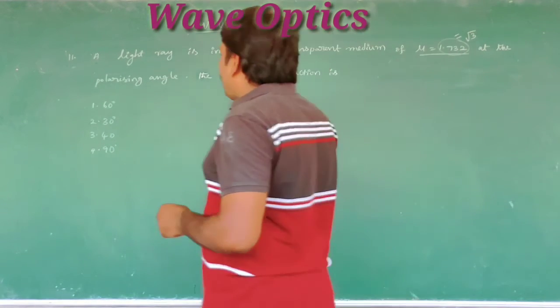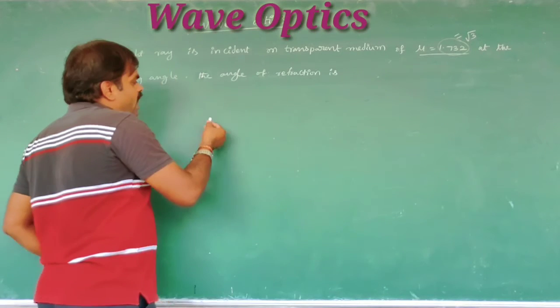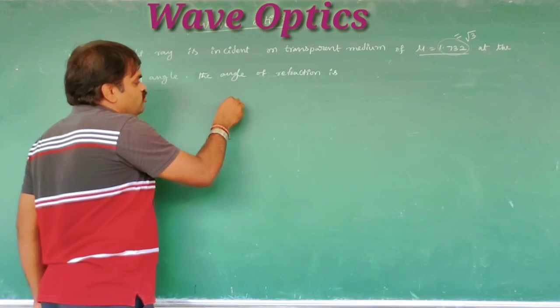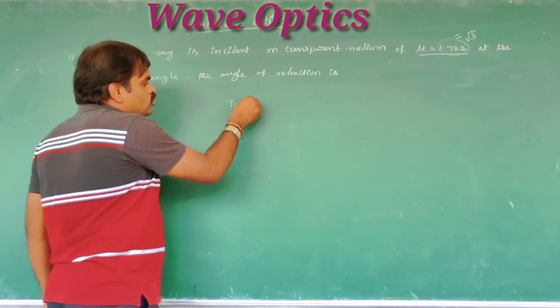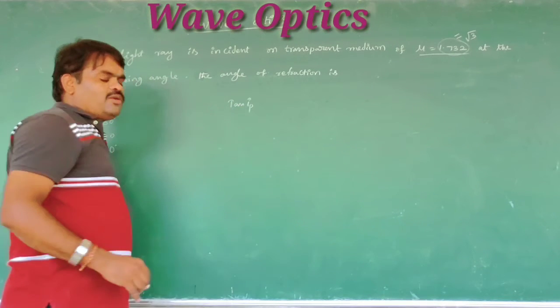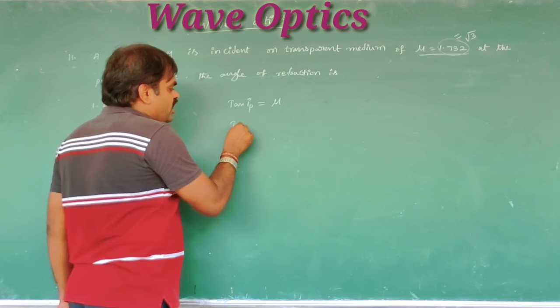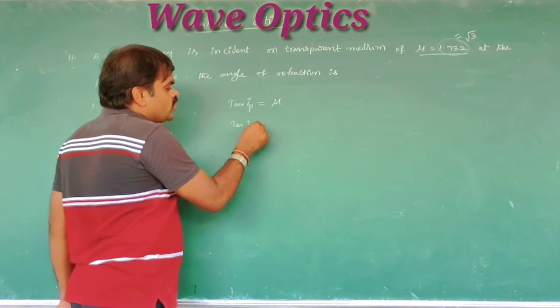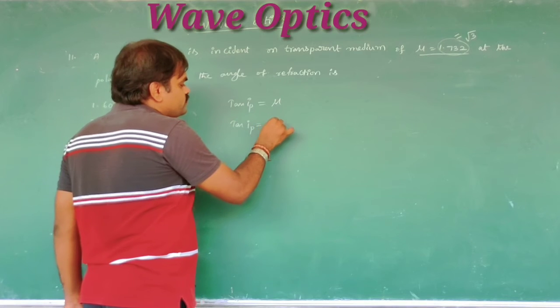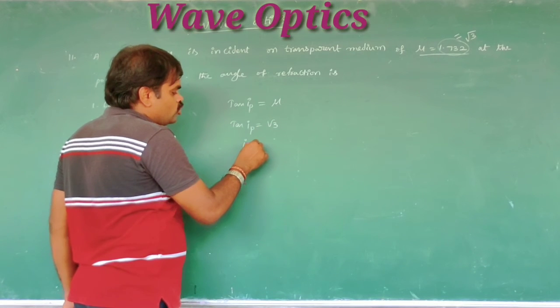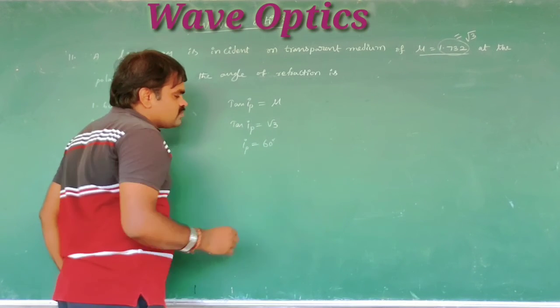At the polarizing angle, we find the angle of incidence according to Brewster's law: tan Ip is equal to mu. Then tan Ip is equal to root 3, so Ip is equal to 60 degrees.